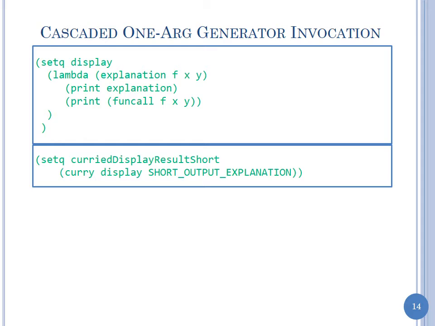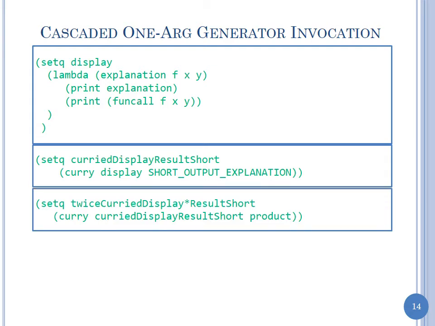We've got this already, right? And I can do now twice curried display result short, which is basically currying the curried result.